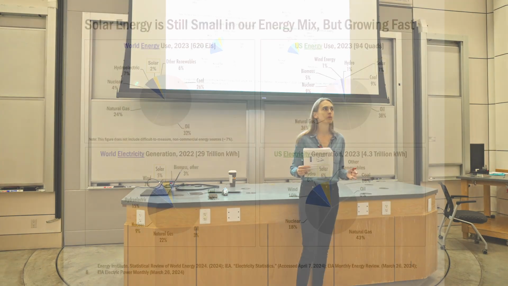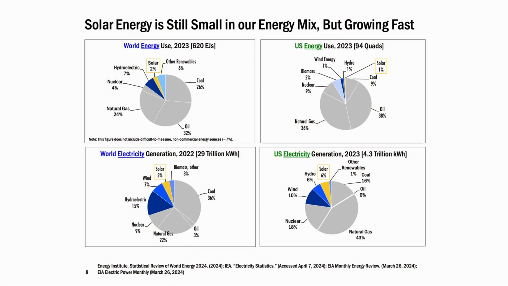All right, so solar, it's a relatively small portion of our energy mix today. You can see here 1 to 2% in our energy mix, and then a little bit higher in our electricity mix, 5 to 6%, depending on if you're looking at the US or the world.